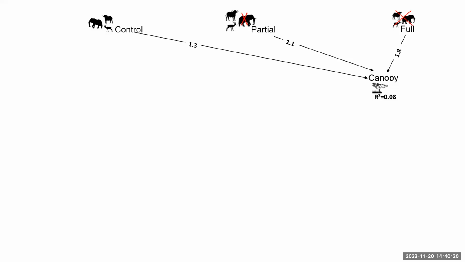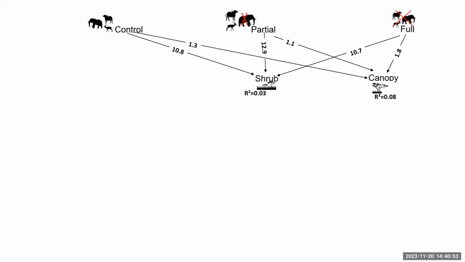So here we see that all these treatments were positively associated with an increase in canopy cover. But again, there's that slight increase when we exclude all large herbivores. In terms of variation in shrub cover, if we look at the partial exclusion, we see a slight increase in shrub cover in those plots.